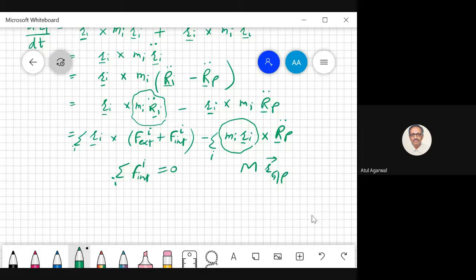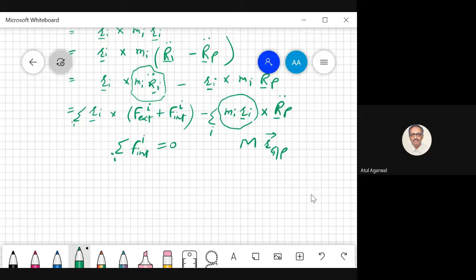So what I am left with? Sigma Ri cross F external i minus RGP cross M Rp double dot. Any problem with this?